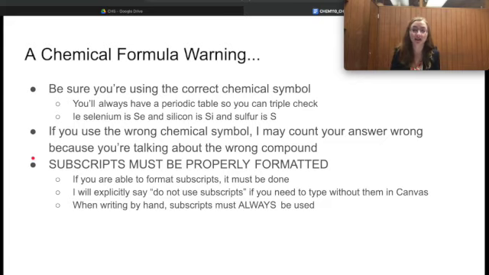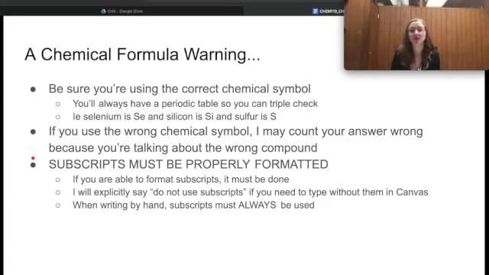You will make your letters or your numbers hang below the line of your letters, okay? If you write them as full-fledged numbers, it's going to be wrong because I don't know what you mean. H with a full number 2 next to it means something entirely different than H subscript 2. You have to be sure you're saying what you mean in chemistry.